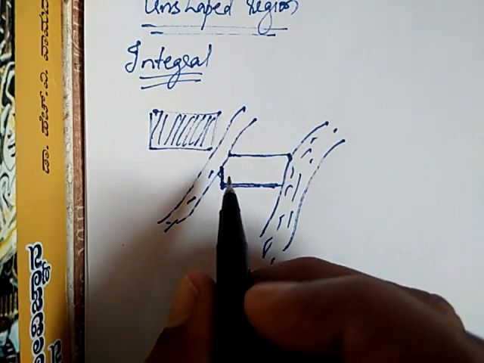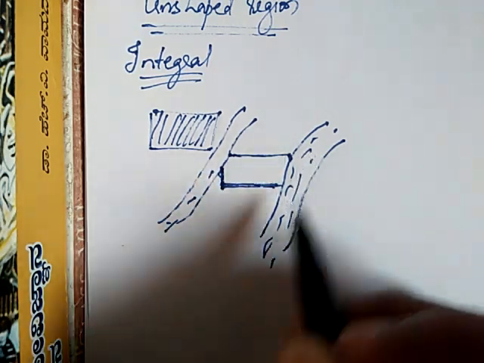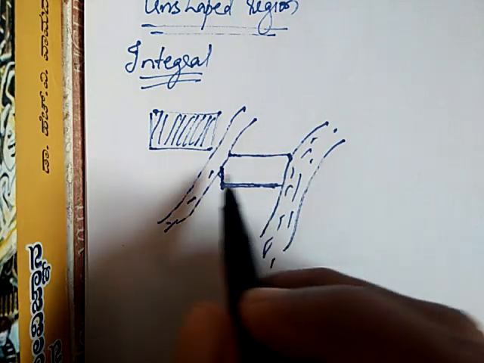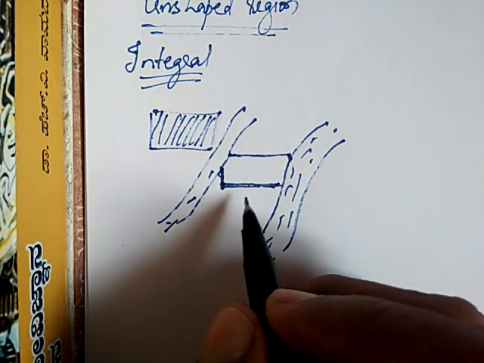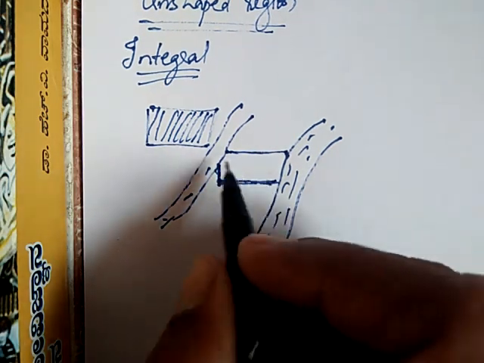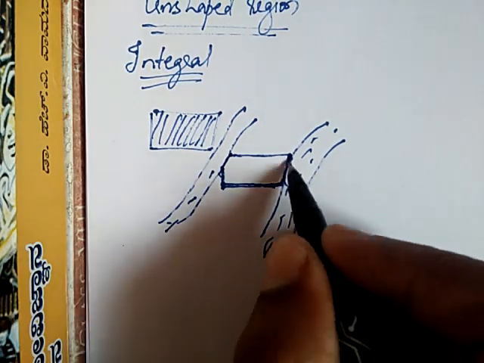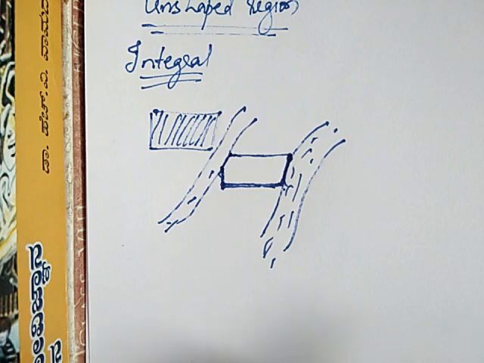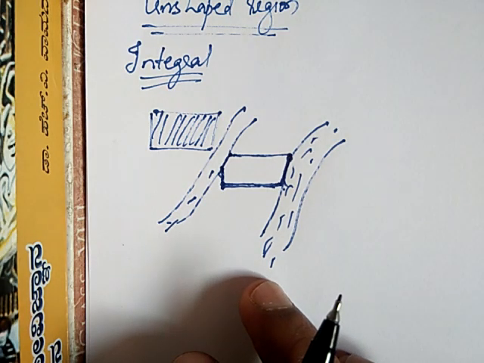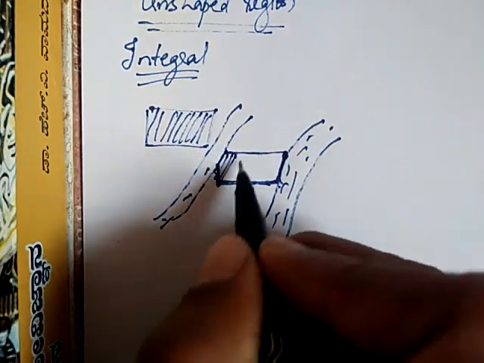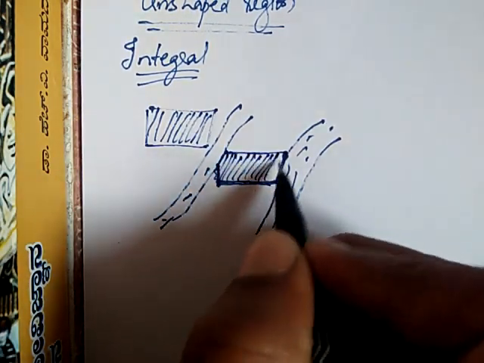Before it was a rectangle, but when a river came moving from here to here and here, the shape of the rectangle changed. So here you will get a curve. For that we can use the integral, that integration, and you can find the area which we require, that is the shaded region.